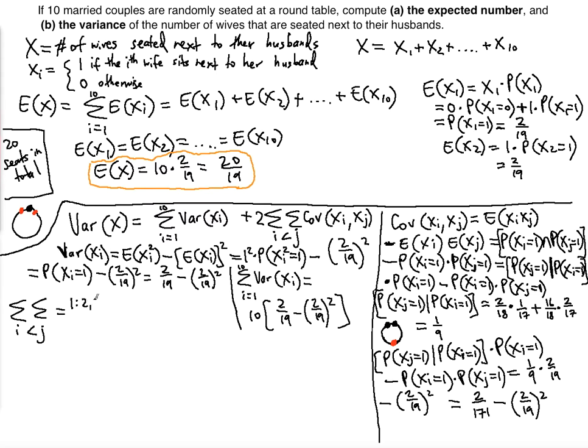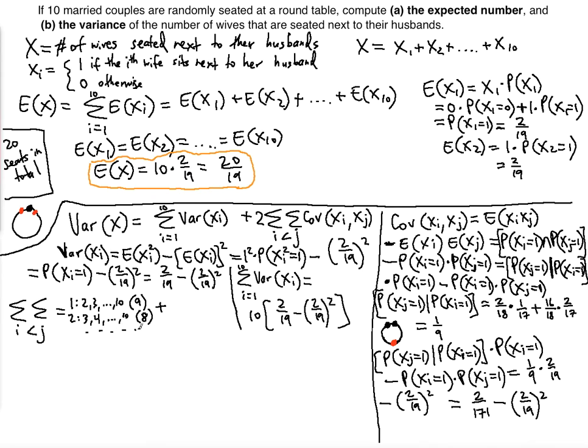So j can be 2, 3, etc., until 10. So how many pairings are there? 9 pairings. When i is equal to 2, j will be 3, 4, all the way until 10. How many pairings is that? 8 pairings. And it will just keep decreasing by 1, the number of pairings.